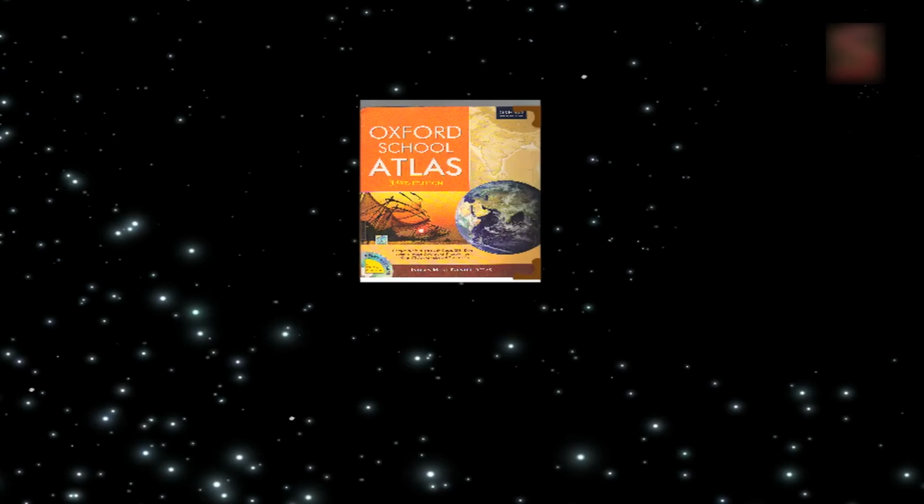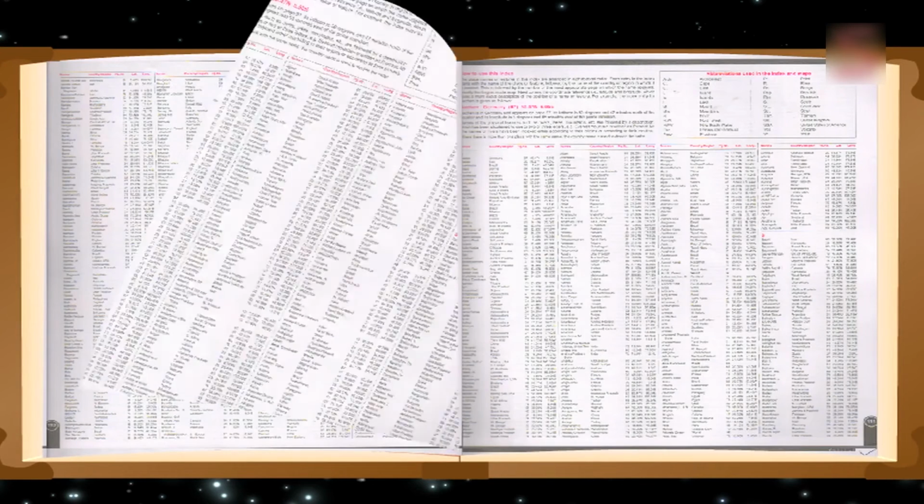Here's an exercise for you. Find out the latitude and longitude information of Kanpur. Here's a clue on how to find it. One can find information on latitudes and longitudes of places in the atlas.